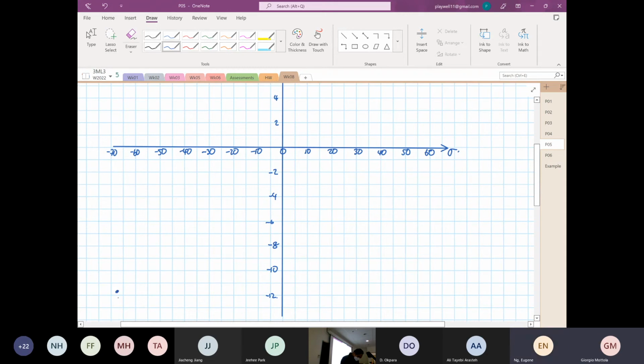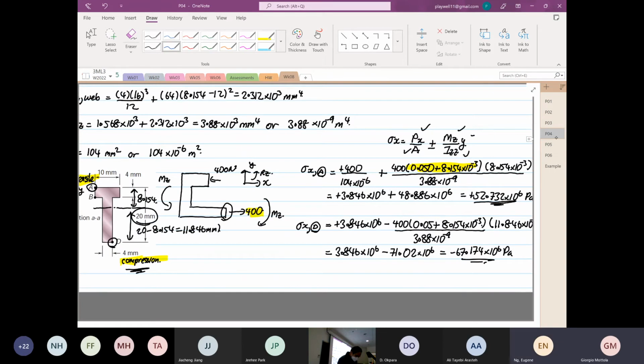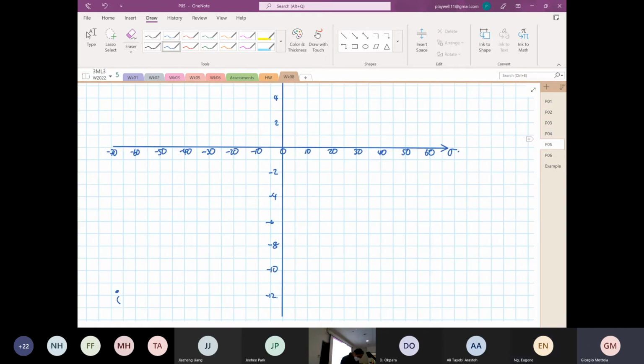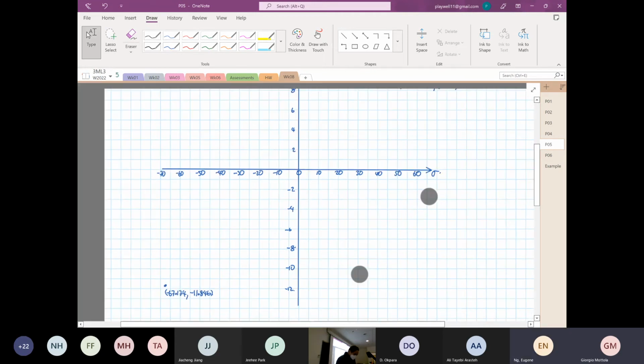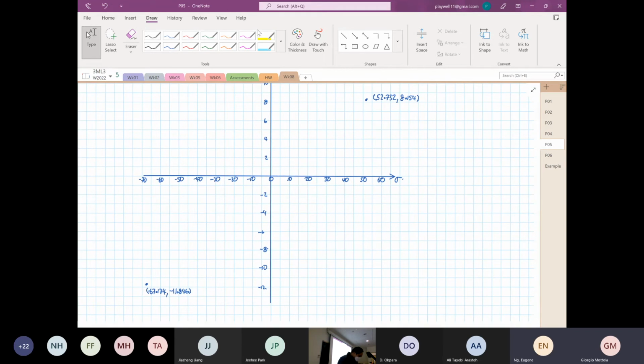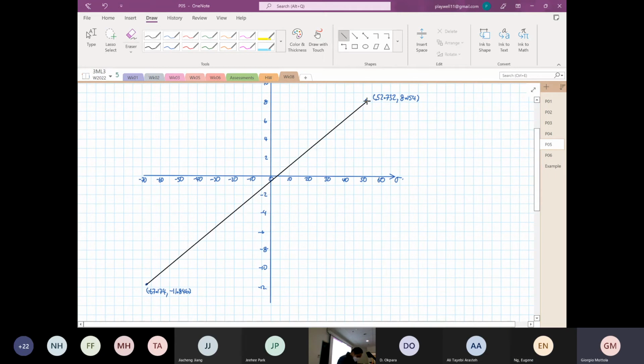As I said, this is a sketch. So we have minus 67.174. And then you have 11.846. Okay. So I'm going to sketch a line.